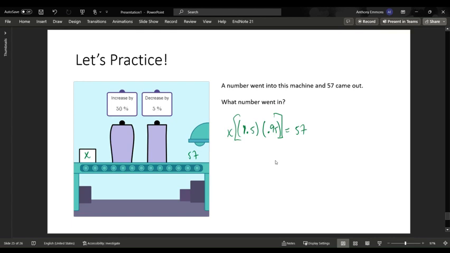This is the setup I want to see, the understanding, the increasing, the decreasing, that I don't need these intermediate values, that I don't have to work through and say, okay, there's this X, which is 100%, and then there's some intermediate value Y, which is 150% of X. And now I have to take this Y as 100%, and we decrease by 5% to get 95%, and that's 57.